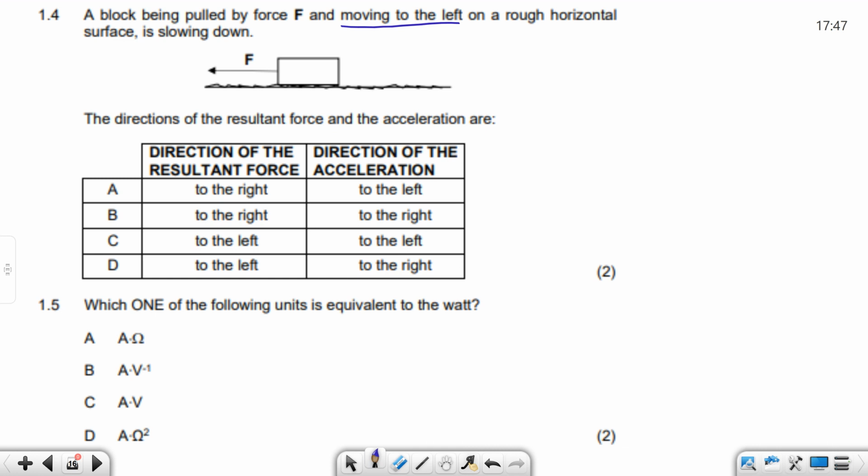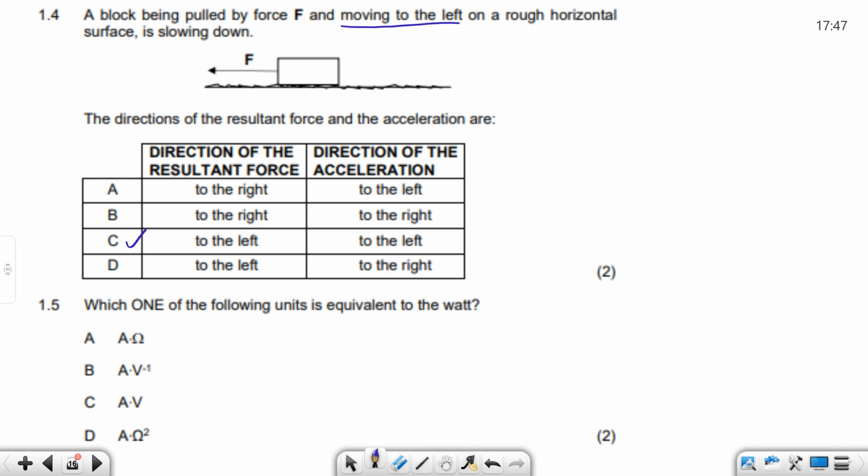The net force will cause the object to accelerate in the direction of the net force. Because the object is moving to the left, F net will be to the left and the object will accelerate in that direction as well. See, easy peasy.